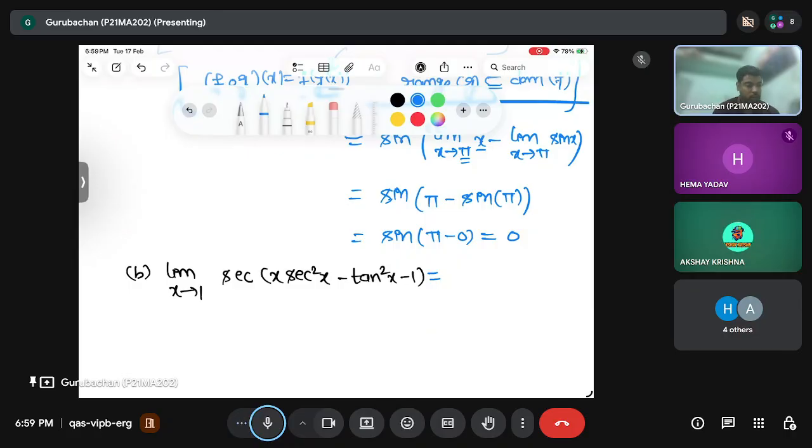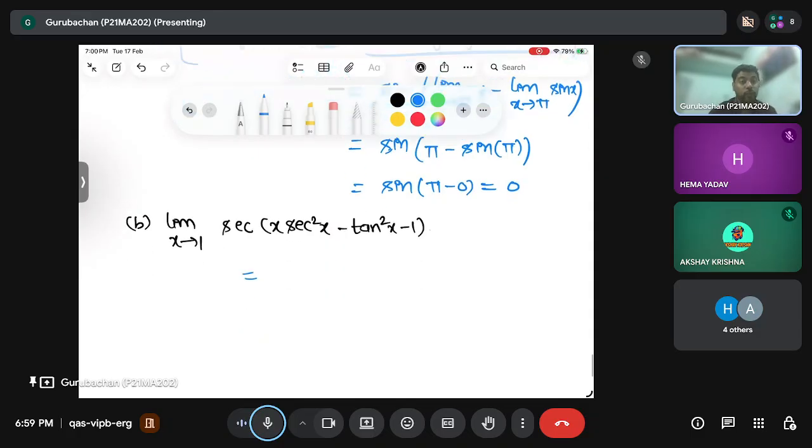1. How? Sir, like in the earlier question, we must put the limit inside the function. Why? First of all, what is the domain of continuity of this second function? Then only you can put it inside. You should know that this function is continuous at x equal to 1.